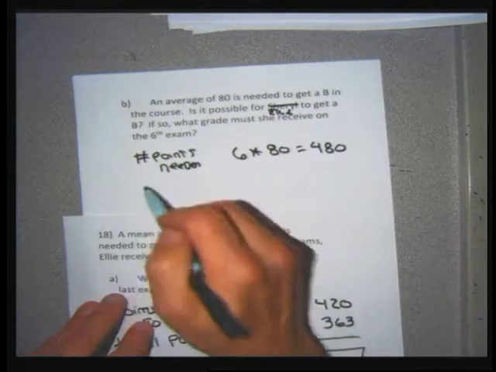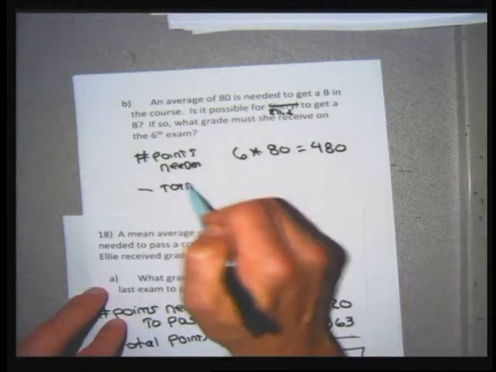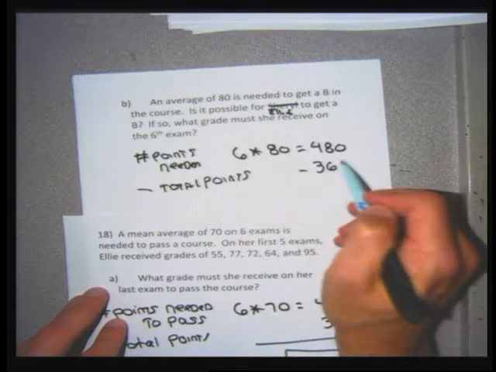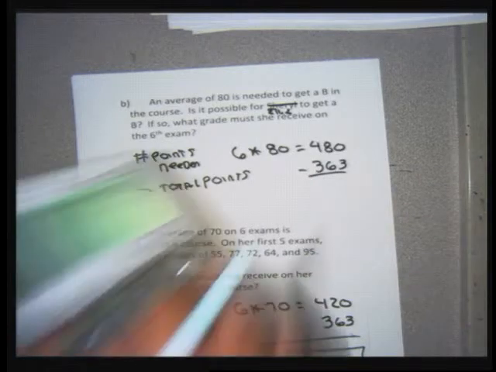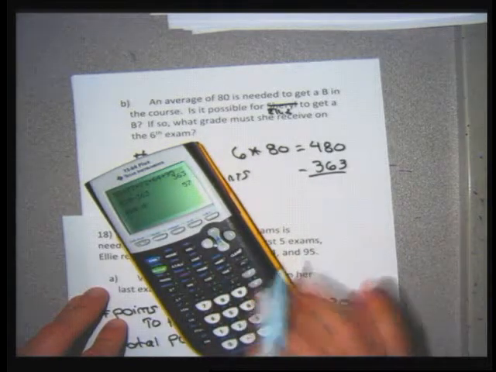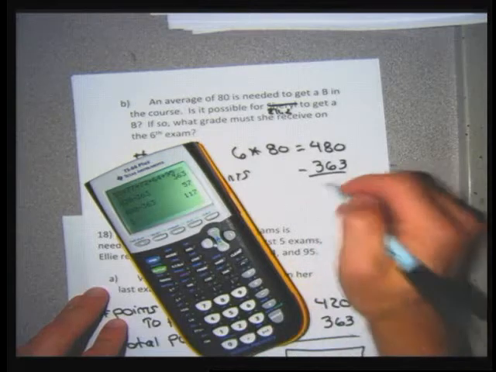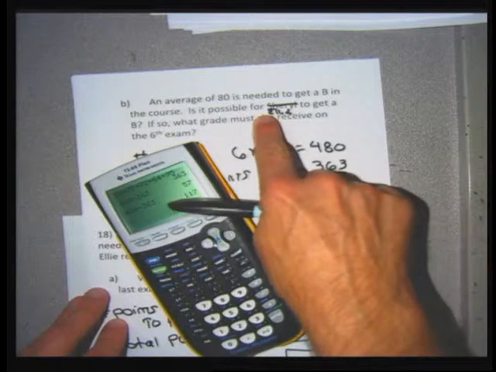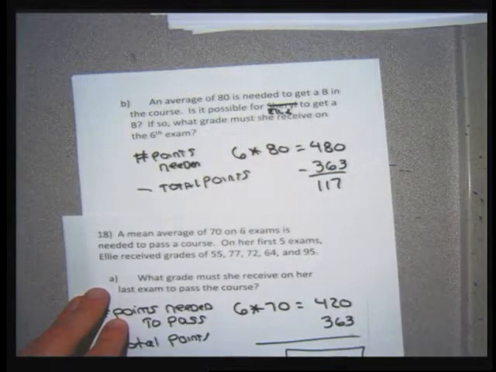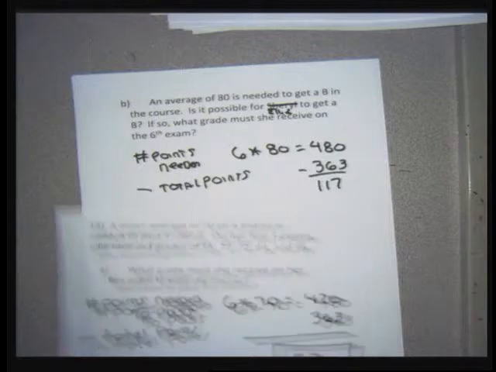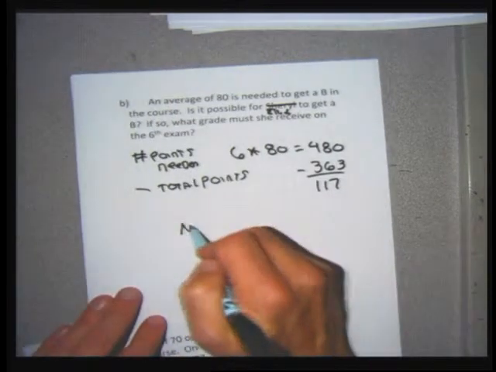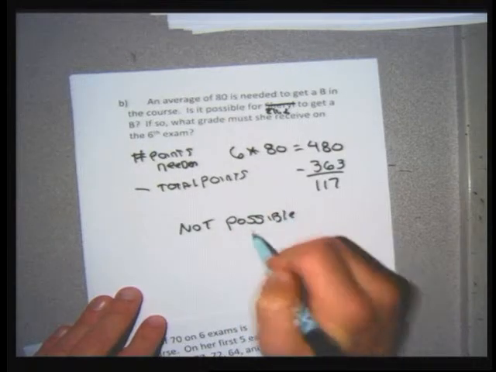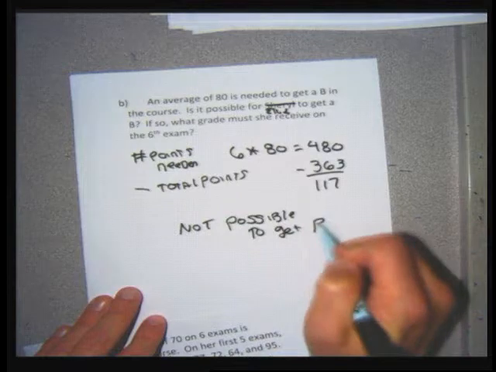And I'm going to minus her total points so far, which is 363. And the difference between 480 and 363, so 480 minus 363 is 117. That's what she would need to get a B. So I'm going to say it's not possible for Ellie to get a B because, if the test is only worth 100 points, she can't get 117. So it's not possible to get a B.